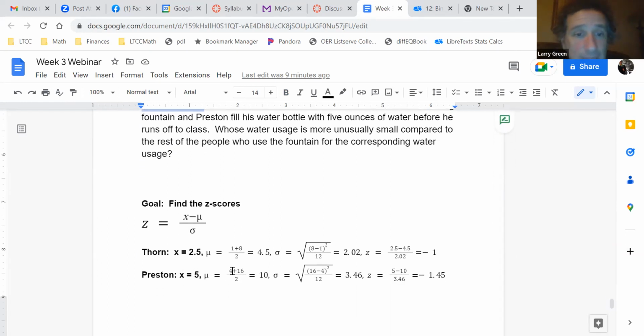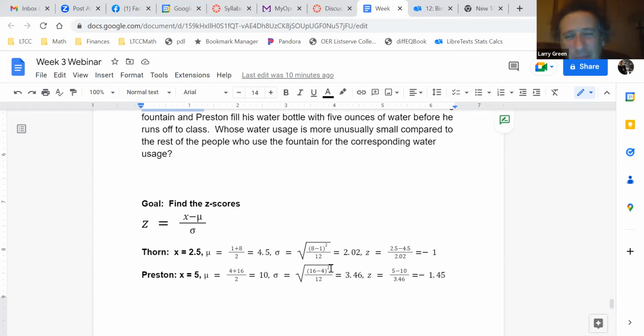So now we plug in 4 plus 16 divided by 2. This one is not too hard to do in your head. 4 plus 16 is 20. 20 divided by 2 is 10. But you're always allowed a calculator. Sigma, on the other hand, good luck doing it in your head. It'll be 16 minus 4, quantity squared over 12, take the square root of it.